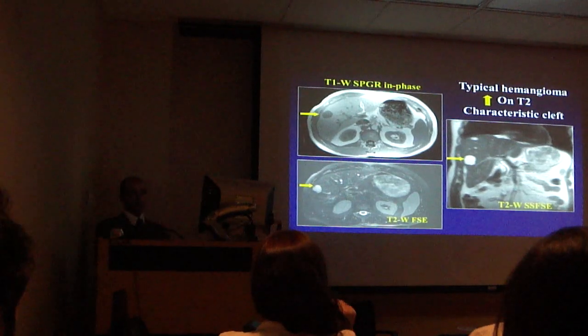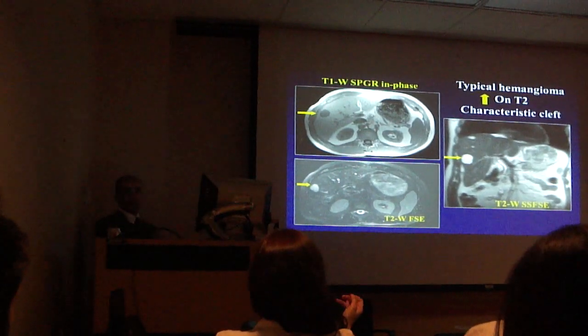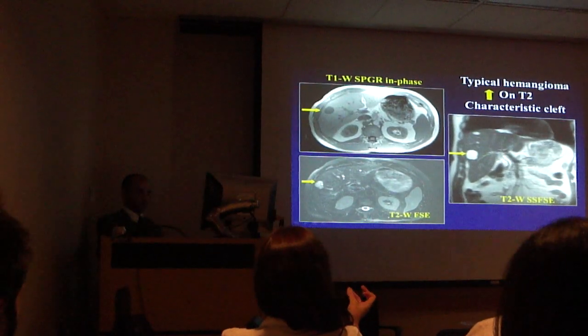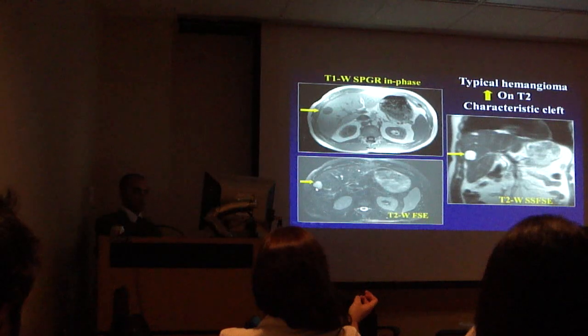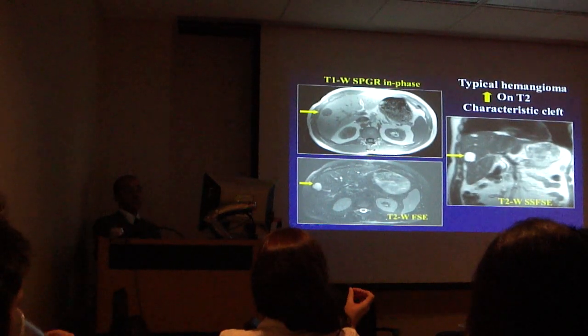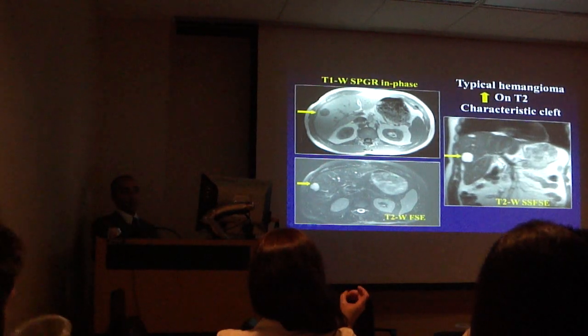Can we draw this lesion out? Yes, a well circumscribed lesion. Look at the characteristic cleft or notch, as it is called. That is another characteristic of type 2 hemangioma, and on heavily T2 weighted images it follows that of fluid.